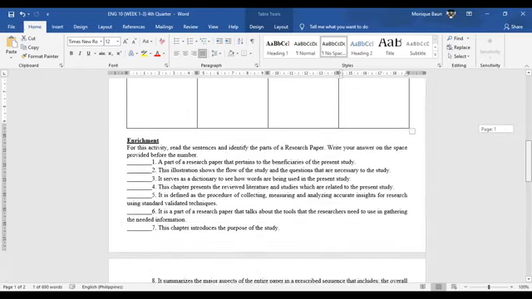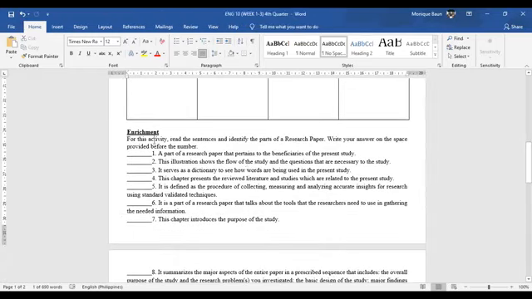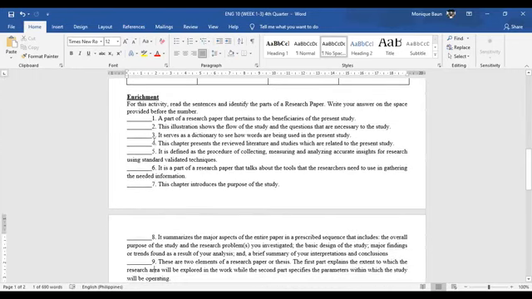And now for enrichment, you have to read the sentences and identify the parts of a research paper. Write your answers on the space provided before the number. Number one, a part of a research paper that pertains to the beneficiaries of the study.